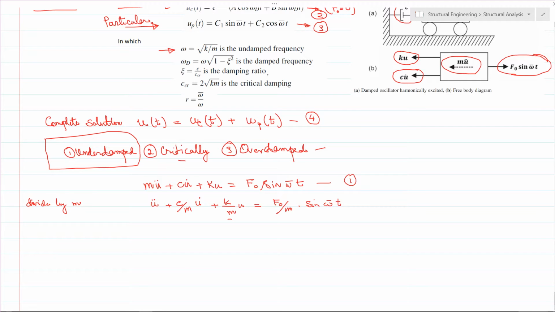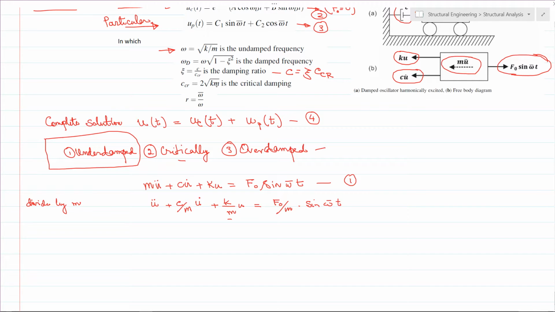And from this equation we know that c will be equals to xc times cr, since cr is equals to 2 under root k over m.